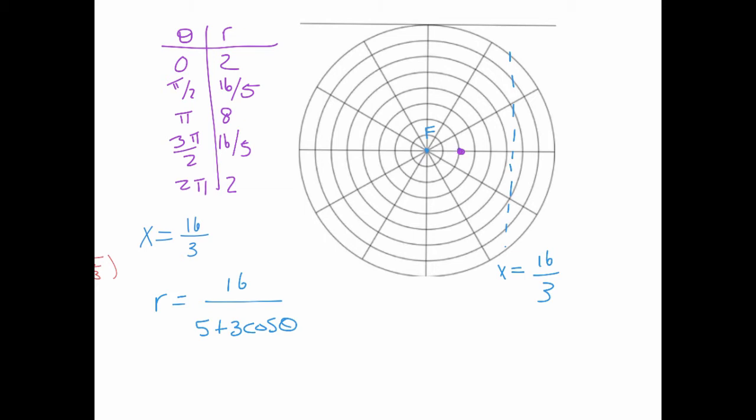We rotate pi over 2 and walk out a little more than 3, right? Because 16/5 is like a little more than 3. We rotate pi and walk out 8. We rotate 3 pi over 2 and walk out again a little more than 3.